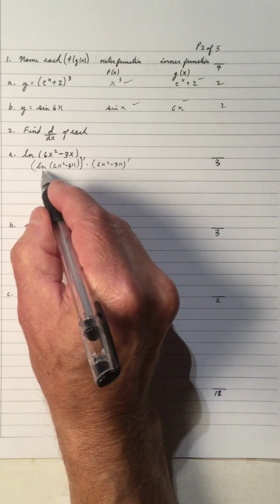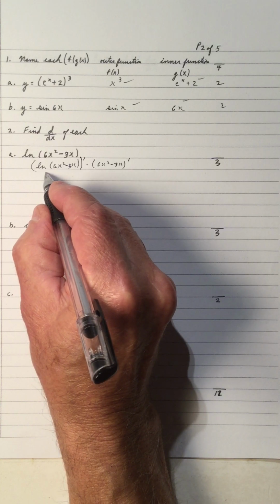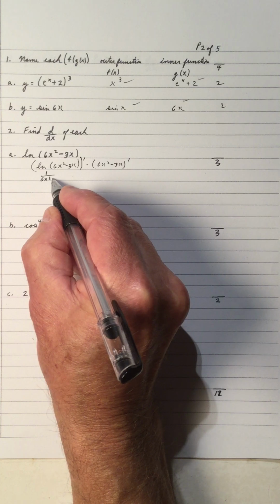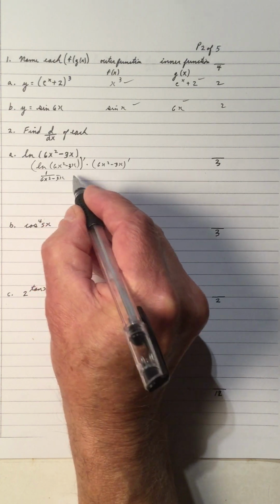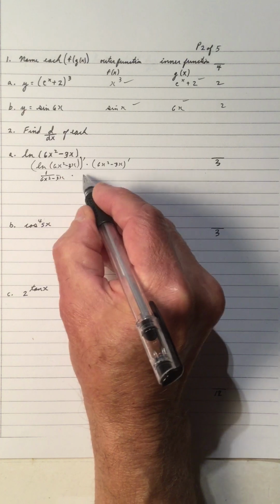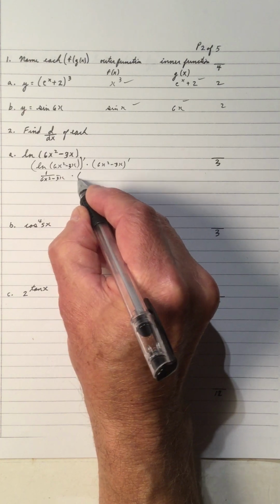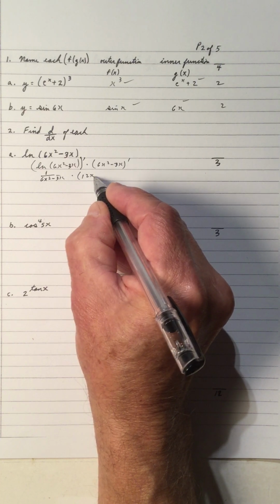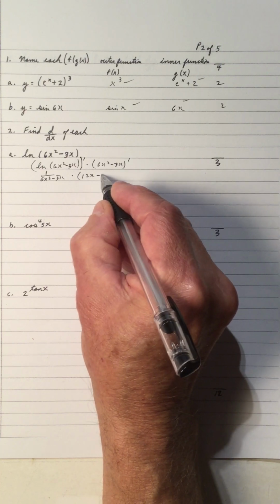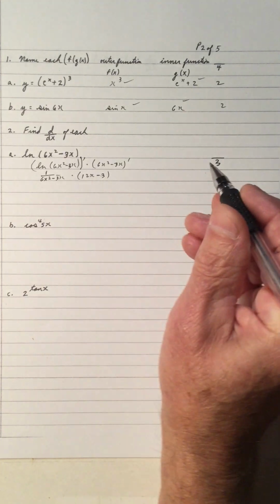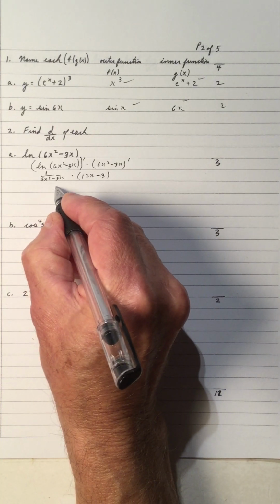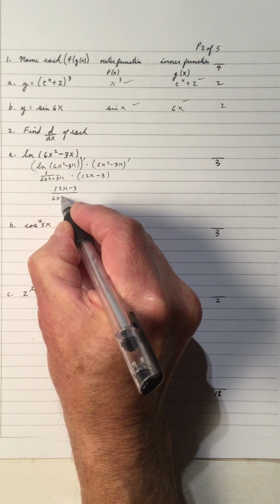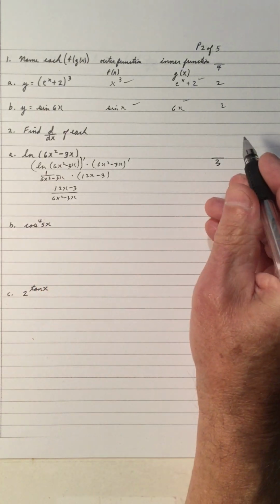The derivative of ln is 1 over 6x squared minus 3x, and the derivative of this polynomial, 6 times 2 is 12, gives 12x, the exponent decreased by 1, and the derivative of 3x is 3. We simplify that, so we have 12x minus 3 all over 6x squared minus 3x.